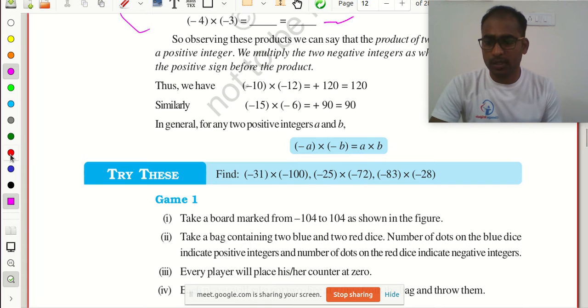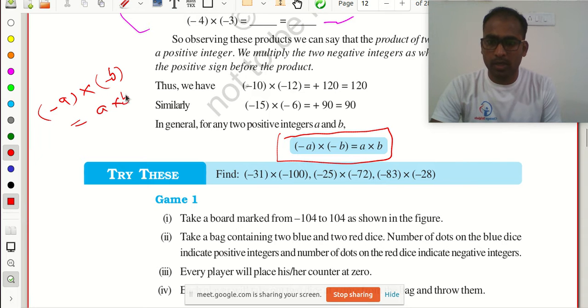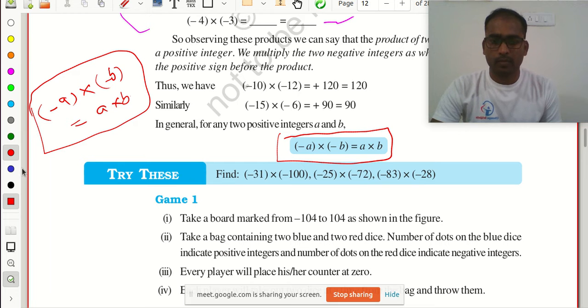But in general, you need to remember this one. If a is a negative integer multiplied with another negative integer b, how much will I get? I will get a into b. Understood? So minus 15 multiplied with minus 6 is how much? 90.